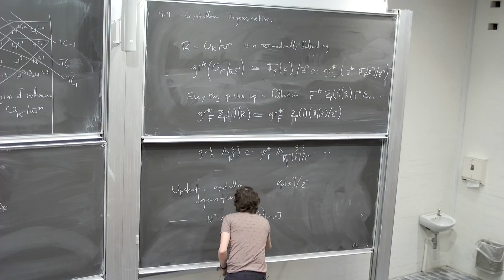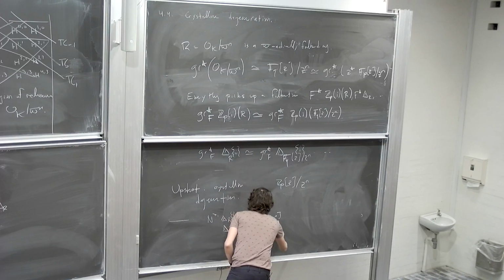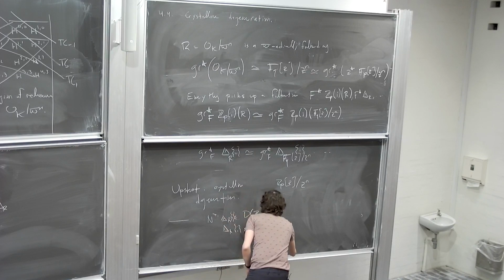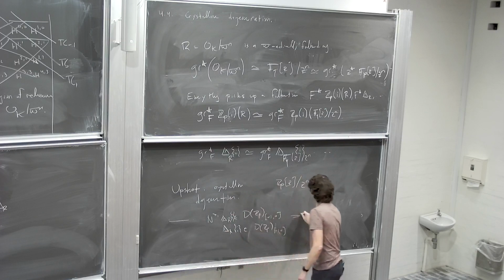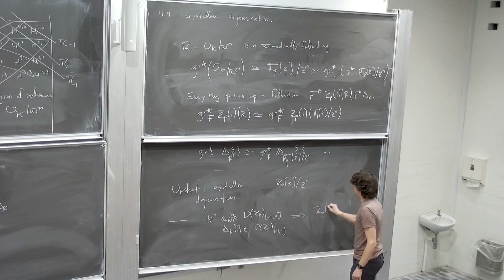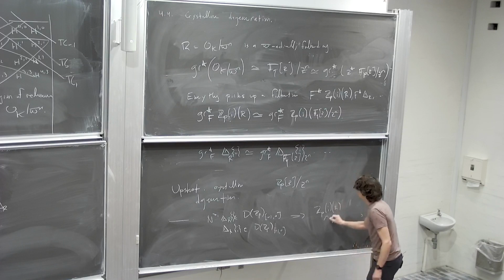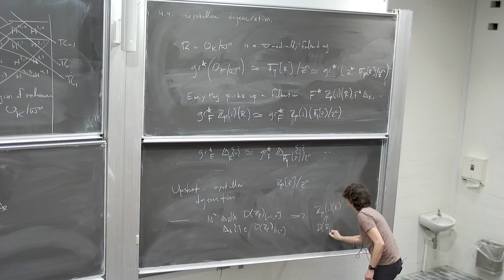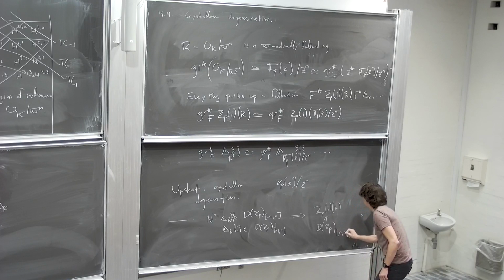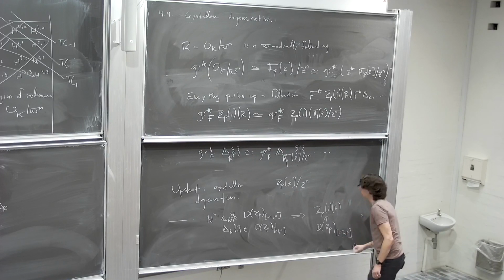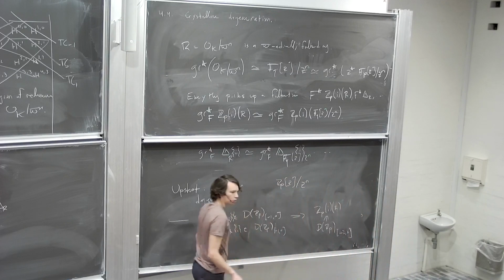It's in degrees minus 1 to 0. And together, these, of course, immediately imply that ZPI of R is in the derived category degrees minus 2 to 0, because it's a fiber of a map between these two terms.